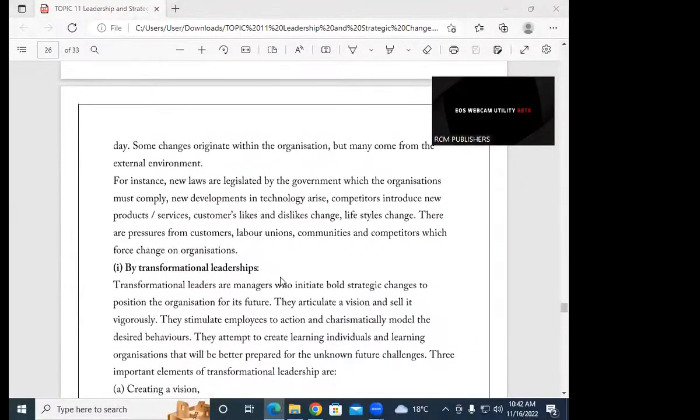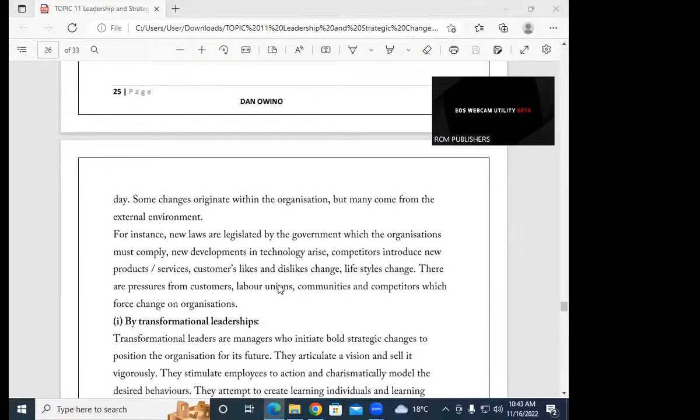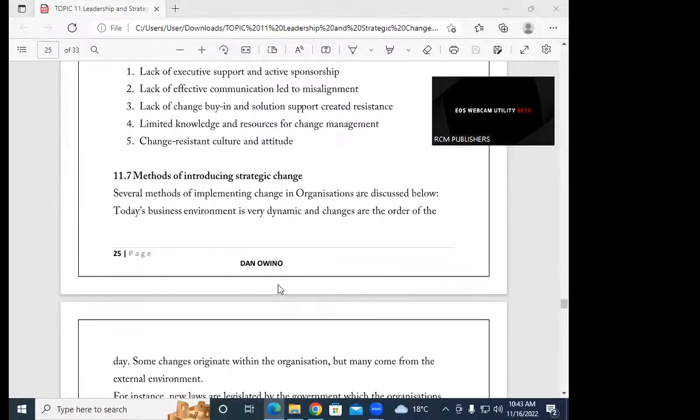The first one is transformational leadership. As we discussed, various types of leadership. Whenever there's a change which needs to be implemented, the leadership style that's suited is the transformational leadership style. So that's one of the strategies of introducing strategic change.